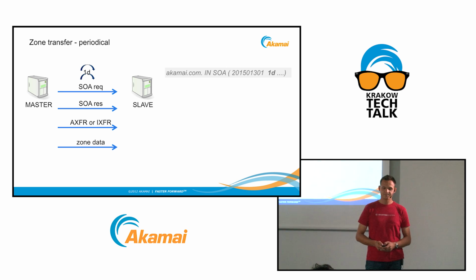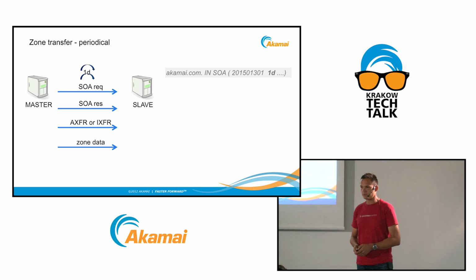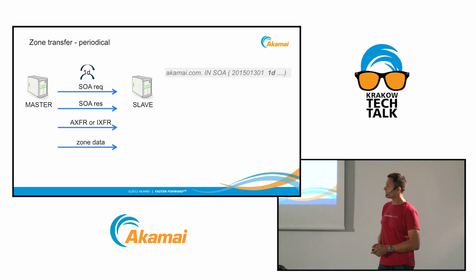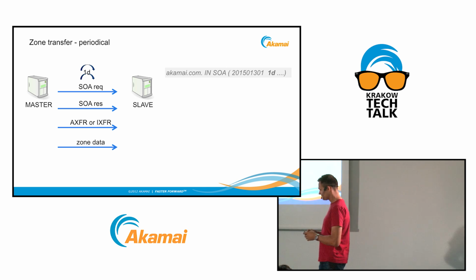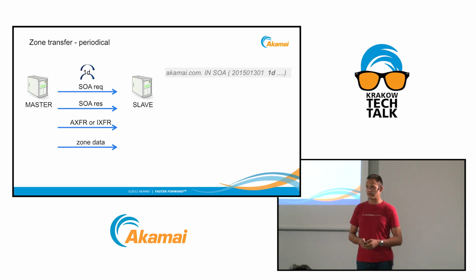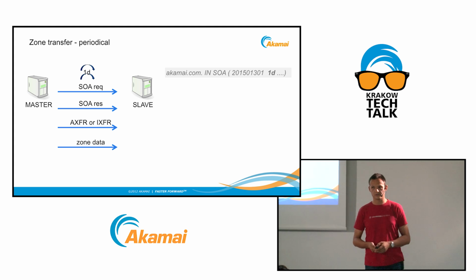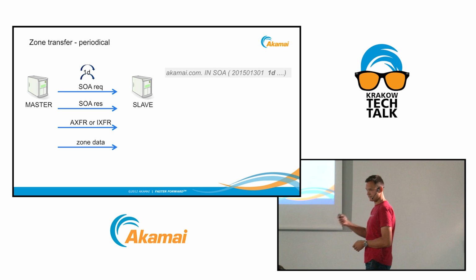But zone transfer can also be initiated by the slave server itself. How does it happen? The slave server has an initial configuration for the zone file, saying that he should be asking the master every 1 day if there are any changes to the zone file he already has. And he does that.